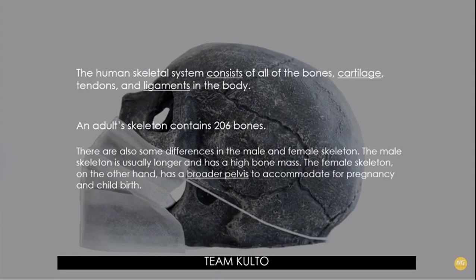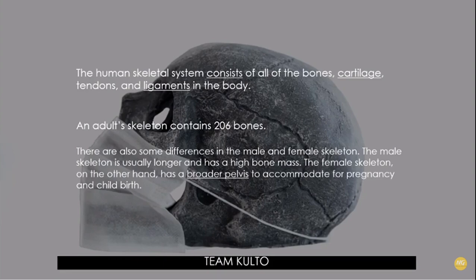An adult skeleton contains 206 bones. Children's skeletons actually contain more bones because some of them, including those of the skull, fuse together as they grow up.